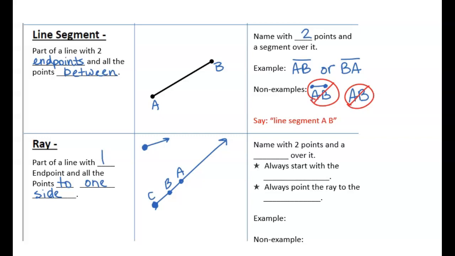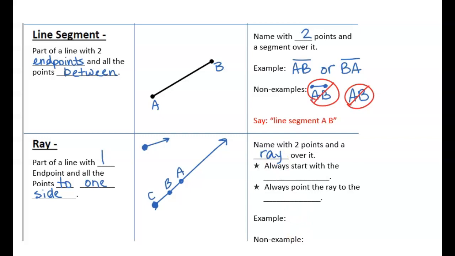So each of these points make a ray. But if you're going to refer to the whole thing, the big one, you need to start with the endpoint C. So if I start here and I just consider this, that's ray A. If I start here and I consider this, that's ray B. But if I want to refer to the whole thing, then I want to call that something that starts with the endpoint C. So when you name a ray, you're going to name a ray with 2 points and a ray symbol over it.